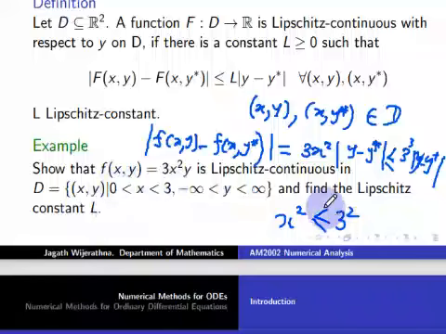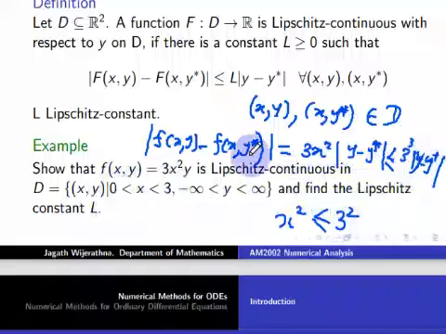On this interval, this inequality is true. So you can replace x squared with 3 squared, right? So then you get less than or equal to 3 to the power 3 times modulus of y minus y star.